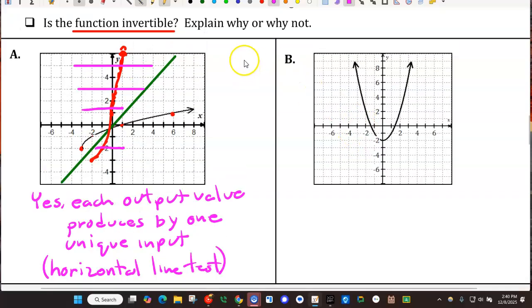All right, so let's try it with a parabola. We did it with a square root function. Let's try it with a parabola. So we can see this. Draw that in.